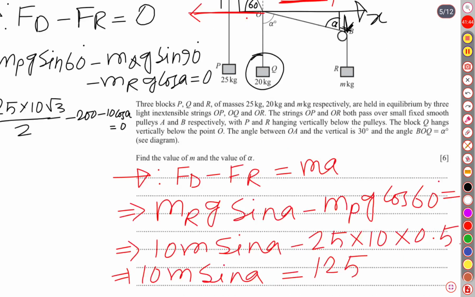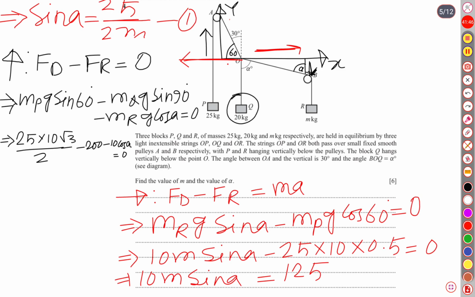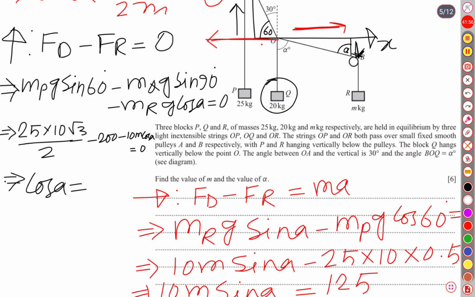Then what is it going to be? If we isolate cos, cos alpha is equal to, numerator is going to be 125 square root of 3 minus 200.